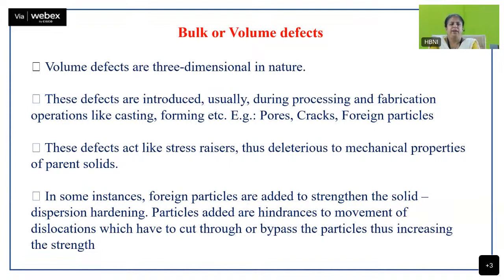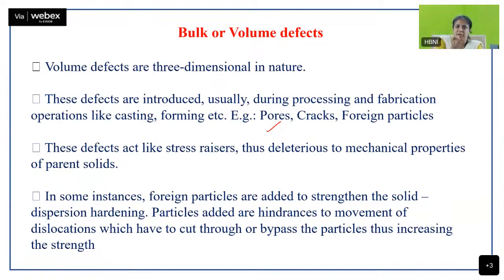Bulk or volume defects. Now, bulk and volume defects are actually more voluminous, as the name suggests. You can observe them in a better way. And what are bulk and volume defects? They are pores in your crystal and they are not related to your crystal structure. They are not the vacancy that is there in the crystal structure.